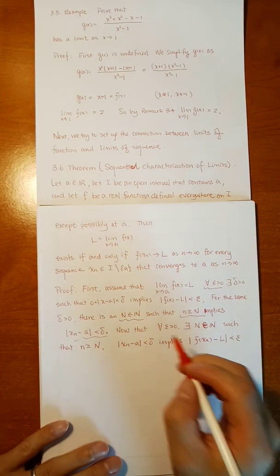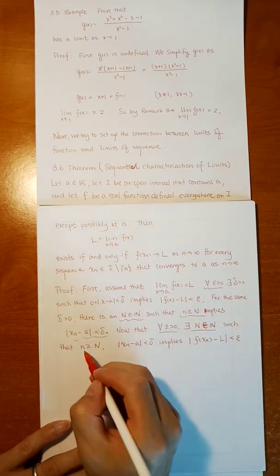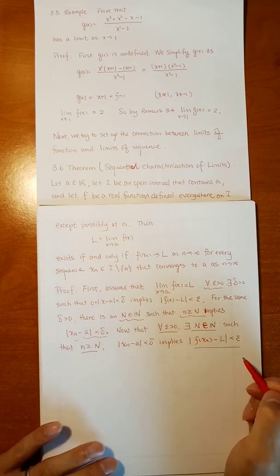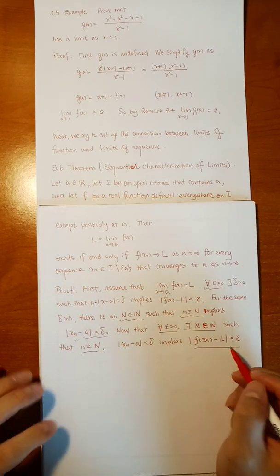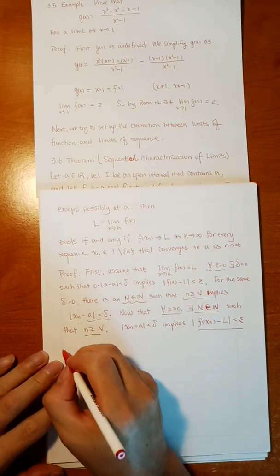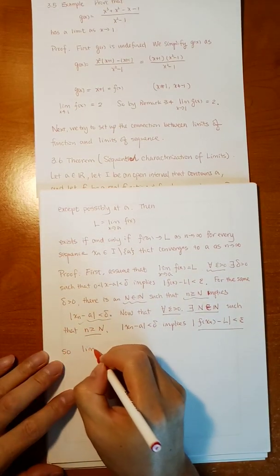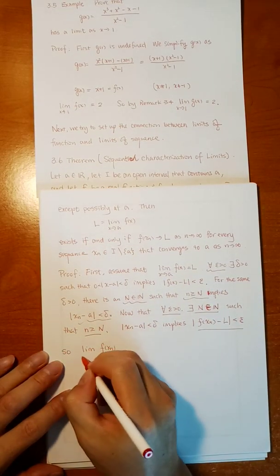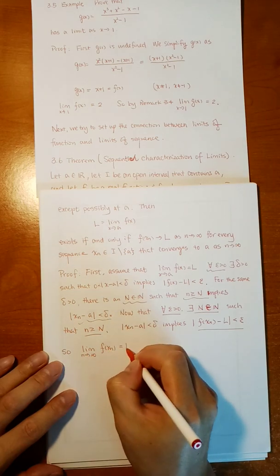So for epsilon, capital N, n greater than capital N, the absolute value of the difference is less than epsilon. So the limit of f(xn) as n approaches infinity is equal to L.